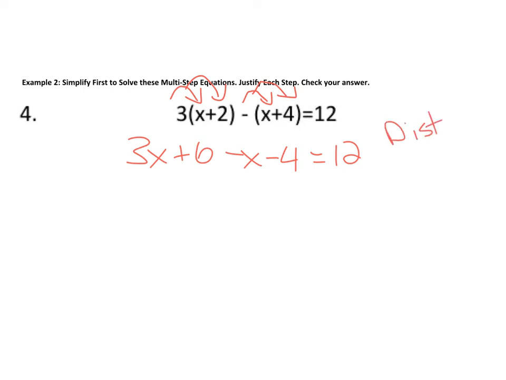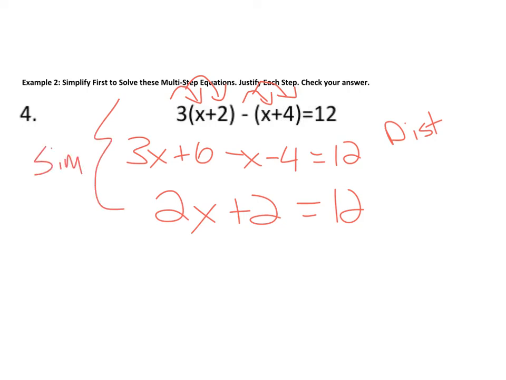We are going to now combine like terms. So 3x minus x is 2x, and 6 minus 4 is a plus 2. And once we get to this step, again, this was all simplifying. And as long as we're simplifying, we are not doing anything with inverses.